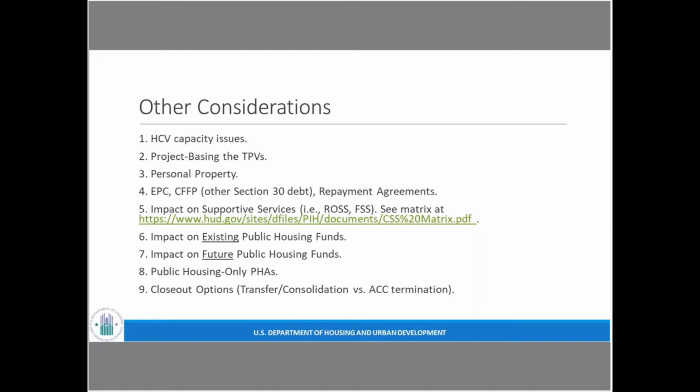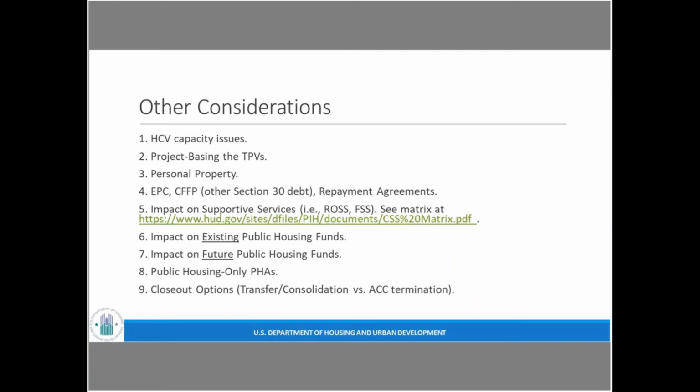Number four on the slide is if you have any EPC or CFFP, Capital Fund Financing Program debt or Energy Performance Contract debt, with your units that are proposed for conversion here, you need to think through how you plan to resolve that debt, and engage the lenders and the respective HUD offices early on to come up with a plan.